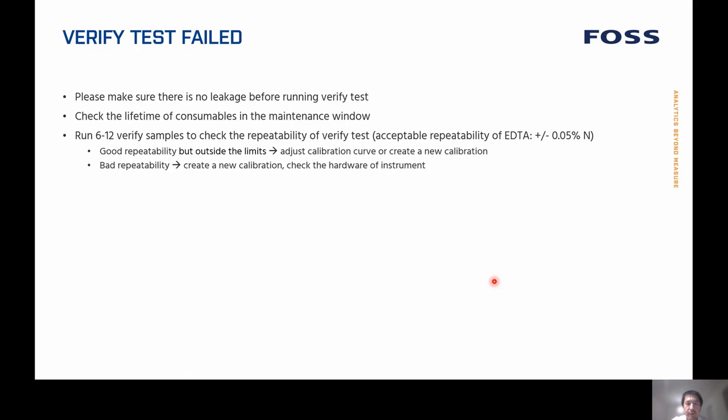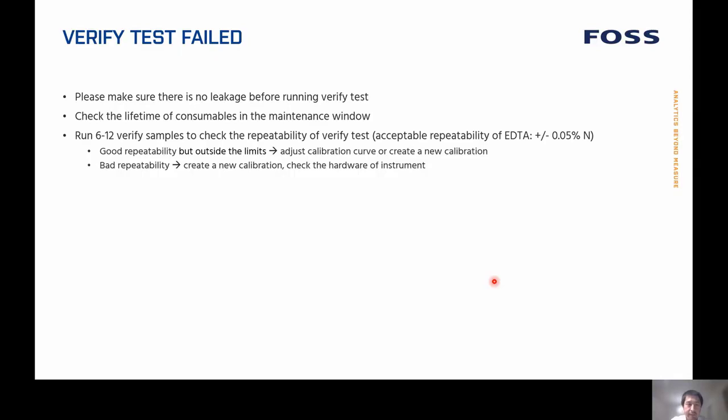And if you see the failure, if you run like 3 verifications before you run sample, you have to run 6 to 12 verified samples to check the repeatability. And acceptable repeatability should be like plus minus 0.05% for the nitrogen.